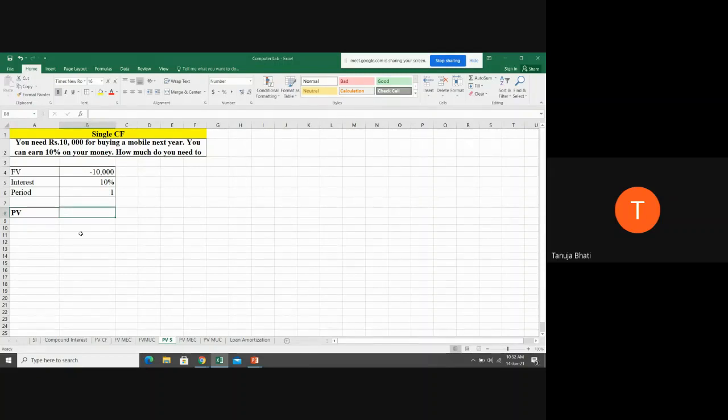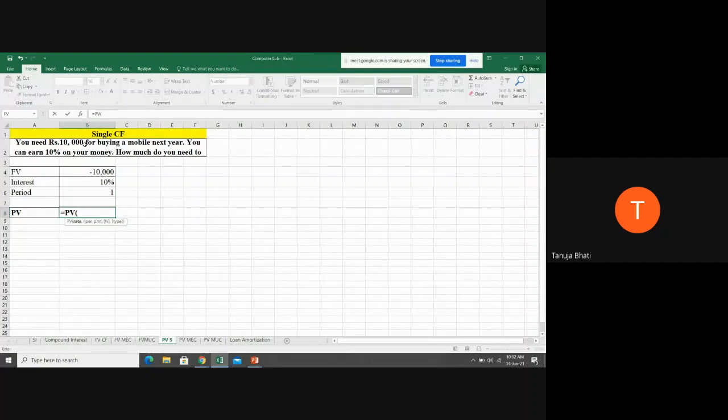Excel has given us the function to calculate the present value. So just write is equals to present value, open the bracket. After opening the bracket, first you need to write rate, then comma, then the period, comma, then PMT, that is annuity if there, otherwise write 0, comma, the future value, comma, the type.